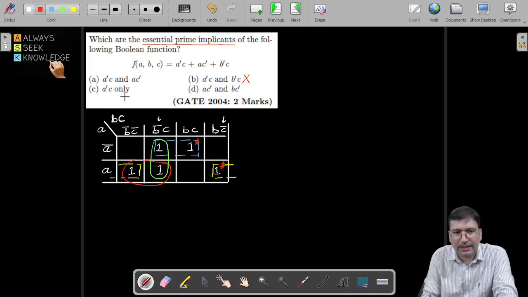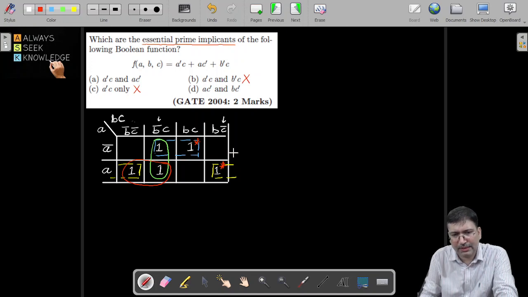Now if you validate the next one, it is saying only A bar C, but there are two essential prime implicants we have highlighted, so this is also wrong because it is saying only AC bar and BC bar. So let's talk about BC bar. BC bar is not, because this place is not available, right?